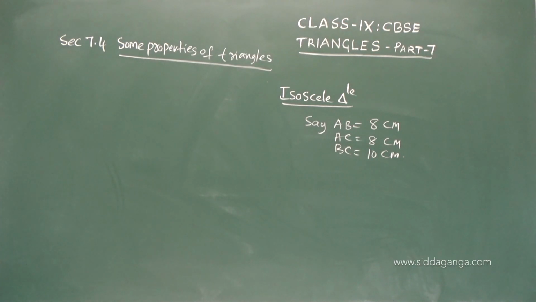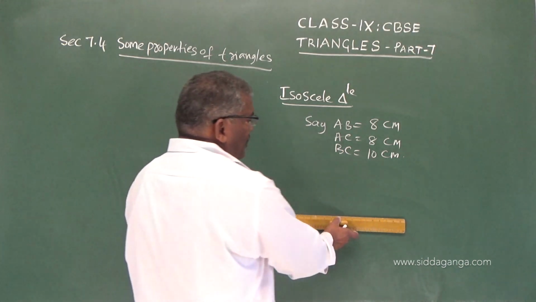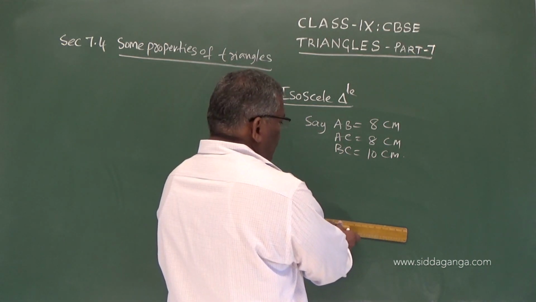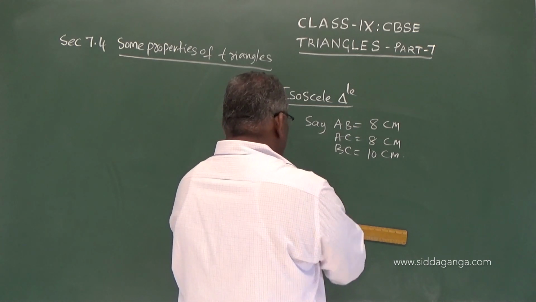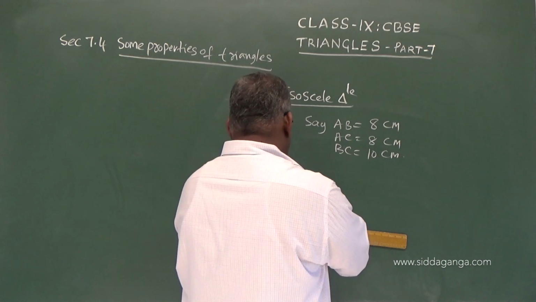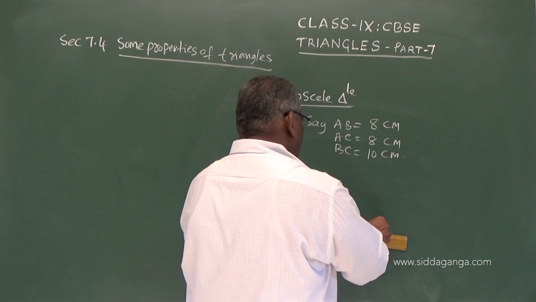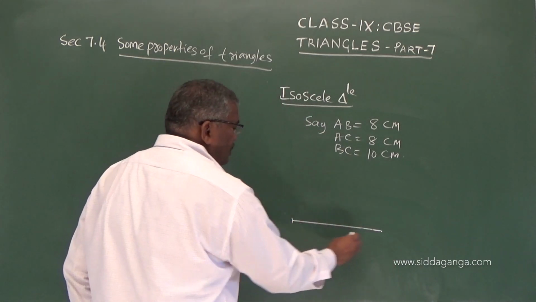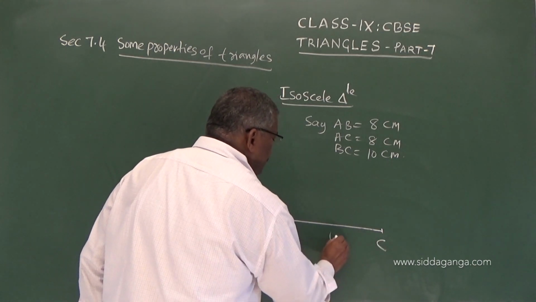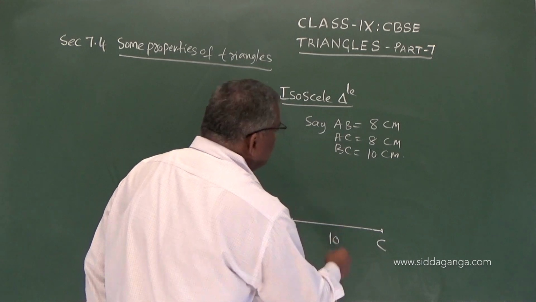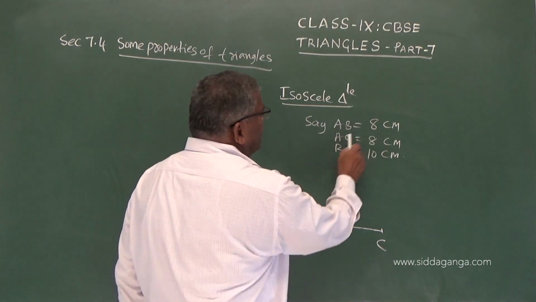First we will draw the base BC with 10 centimeter. So this is point B, point C, this is 10 centimeter. Now AB is 8, AC is 8.